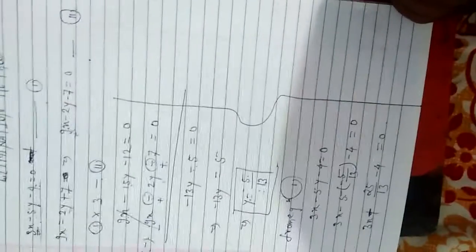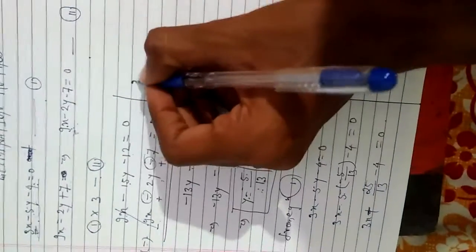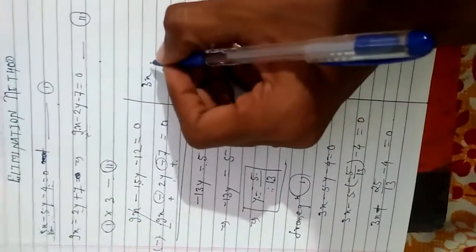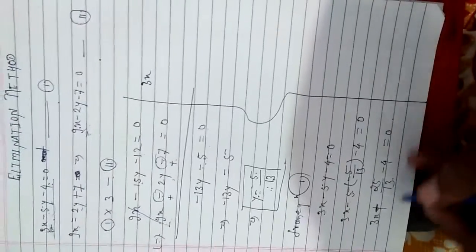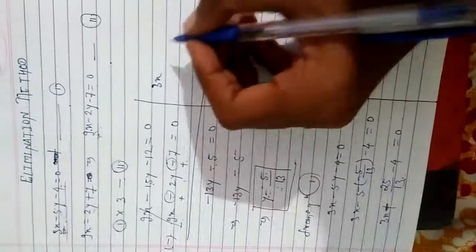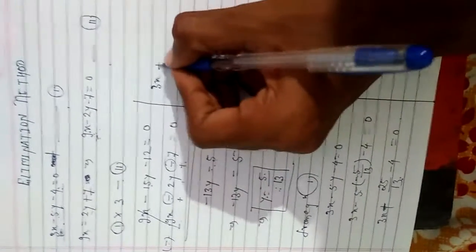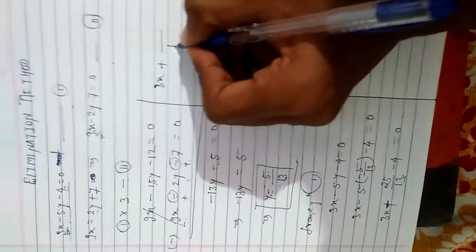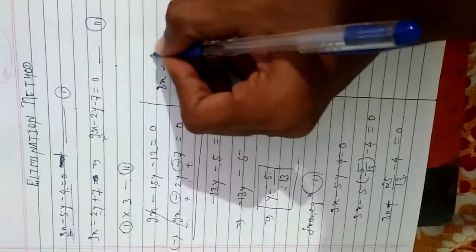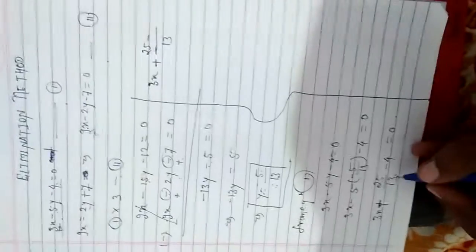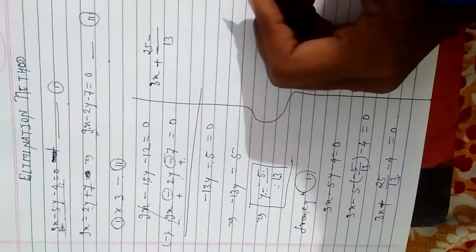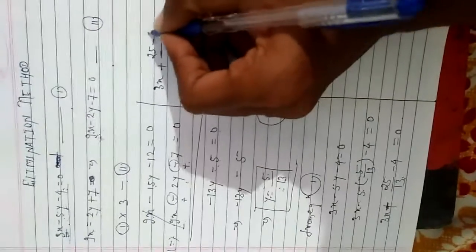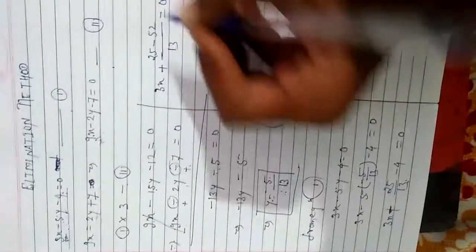So now 3x, okay, we are taking this value, let's solve here. So we are taking LCM 13 and this is 25 minus 13 fours are 52 equals 0.